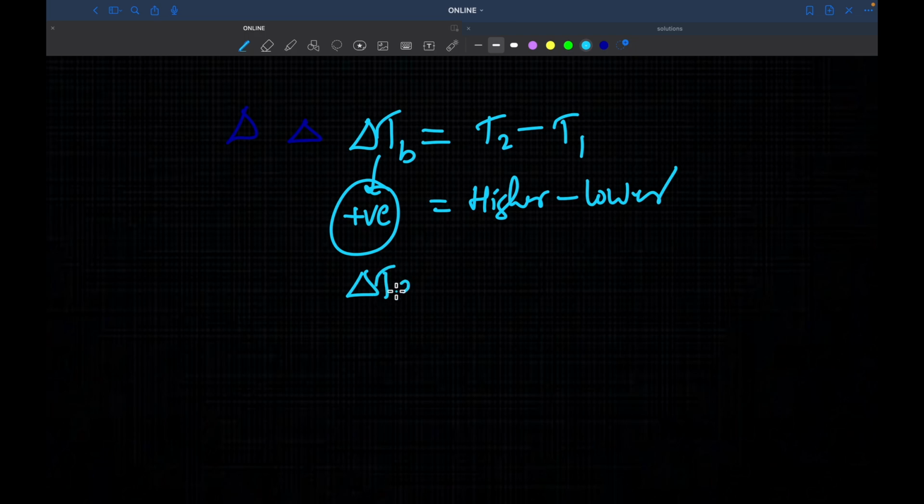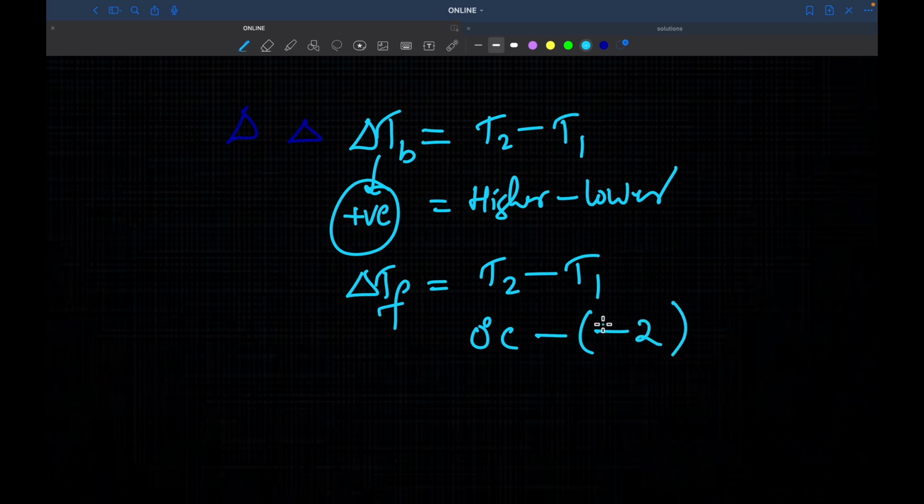When it comes to delta T_F, the formula is again the same, but here 0 degree Celsius is the higher temperature, and the minus temperature, whatever it is, is going to be our T1. Here you have to do higher minus lower. So better I write it as T1 minus T2, because this is the pure solvent temperature and this is the new temperature after the experiment.